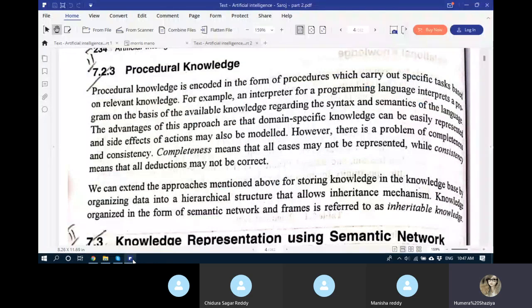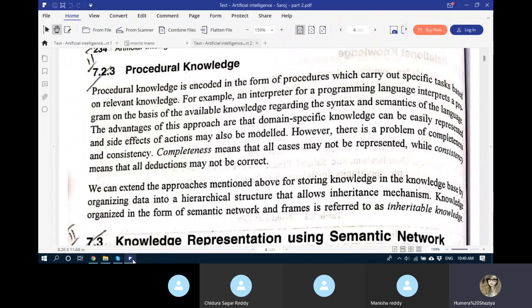These are the two properties of procedural knowledge. When you are creating a knowledge base of procedure, it must be complete. It must be complete means you must be able to represent all cases.